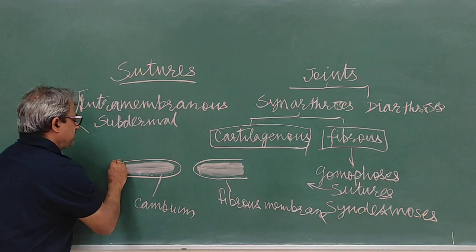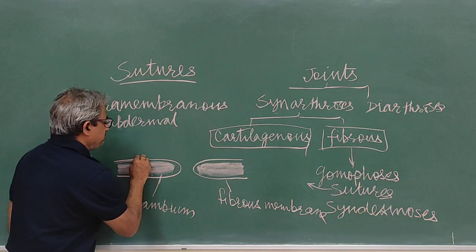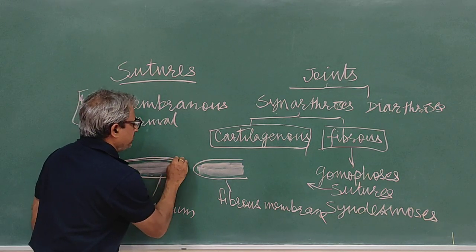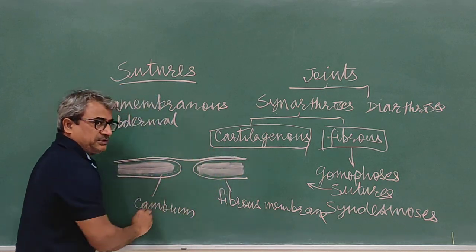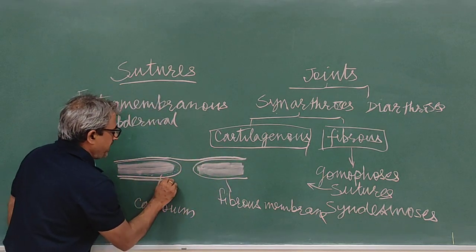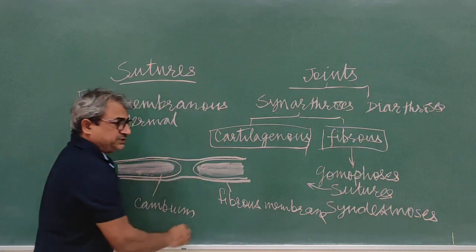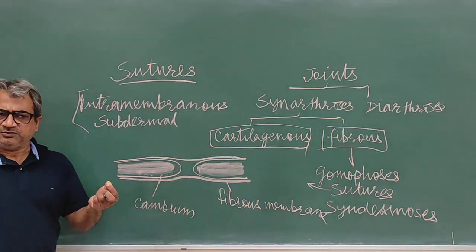Right? And of course, what is there? The periosteum. The periosteum of the two bones, which is continuous on the upper side as well as the lower side. This periosteum is double layered, as we know, right?